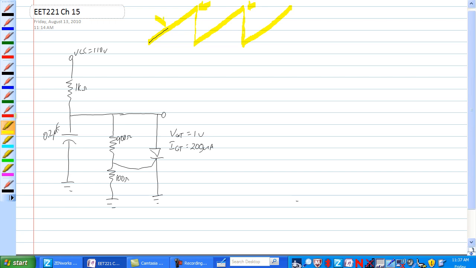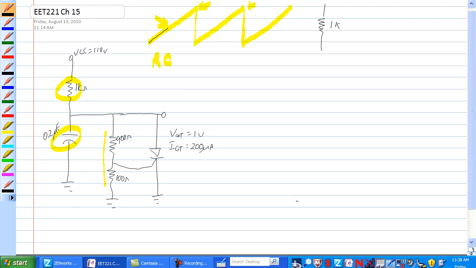So if we look at this part of it, we can look at a cap and a resistor. There just happens to be a resistor in parallel with it that forms a charging circuit for the cap. So we have an RC time constant for that. That RC time constant looks like a circuit like this.